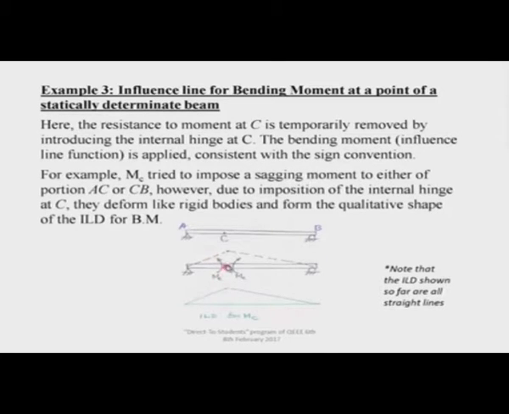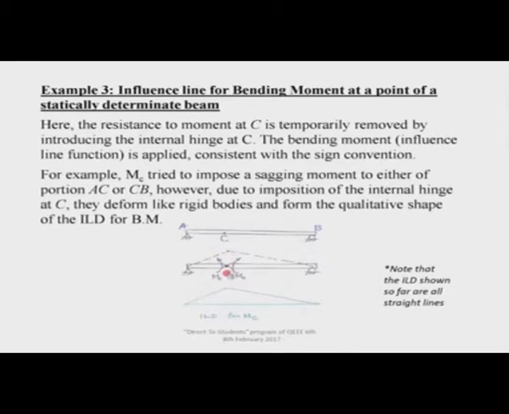So, it will just rotate as a rigid body here, and again it is a tendency of the sagging moment, although it is a rigid body. It will not bend, but I have to follow a certain sign convention. This is the sign convention, that I am drawing this moment as my positive, and let me go ahead and see what comes from that condition.